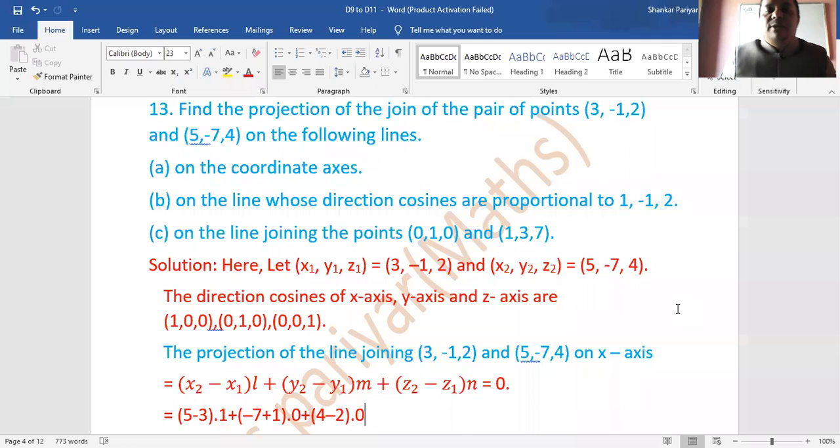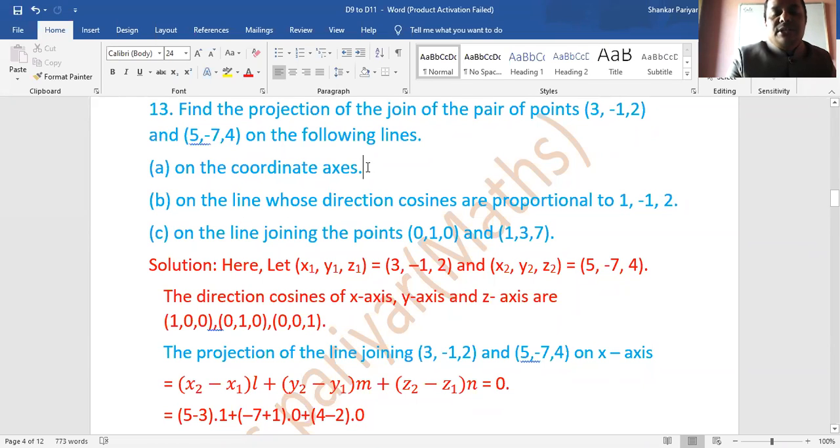So if you have to find the projection of the join of the pair of points (3, -1, 2) and (5, -7, 4) on the following lines, it means you have to find the projection of the line joining these points on the following lines. One is the coordinate axes.